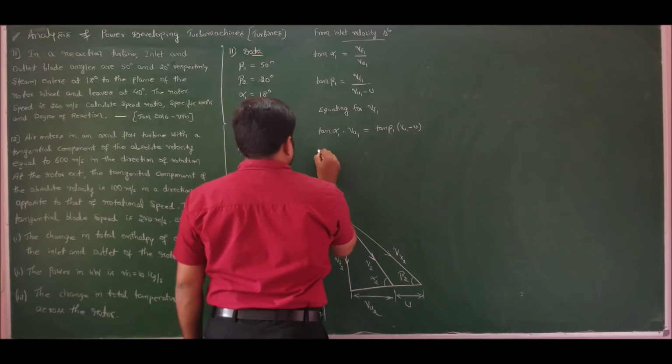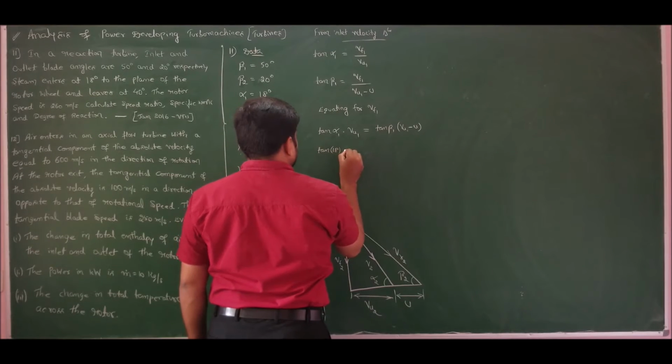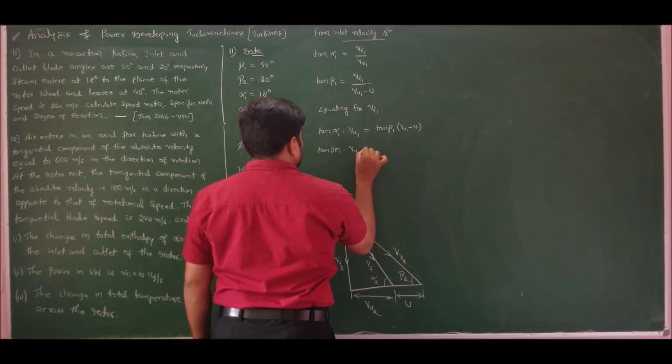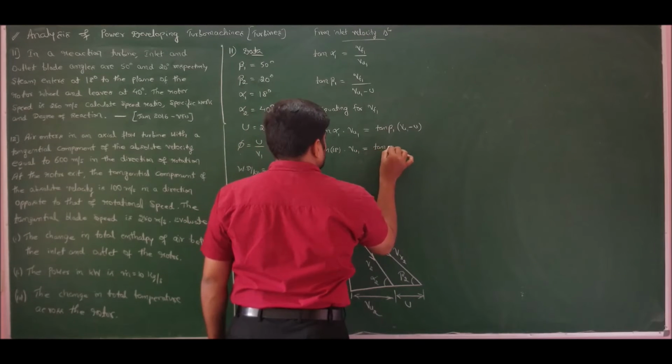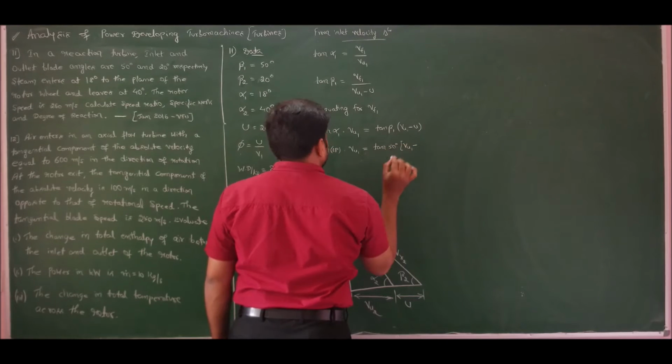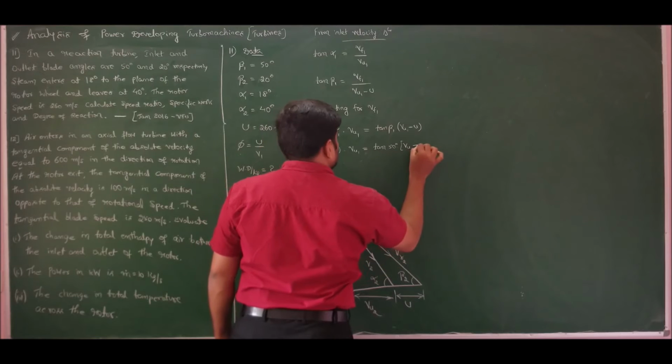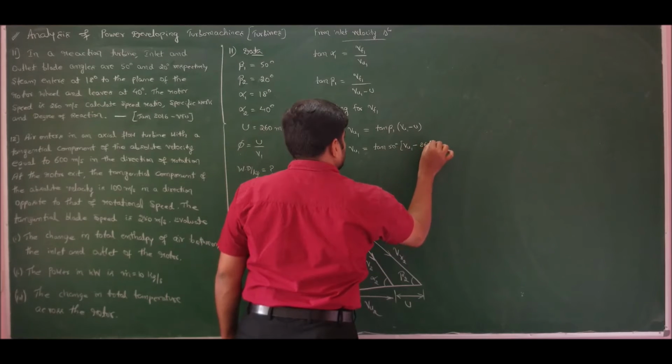Alpha 1 is known: tan of 18 degrees into Vu1 is equal to tan of 50 degrees into Vu1 minus U, where U is 260 meters per second.